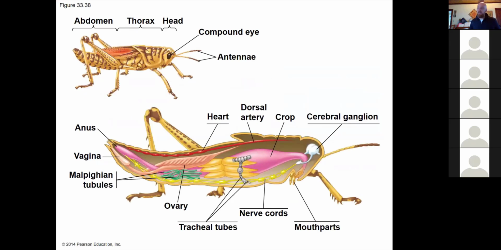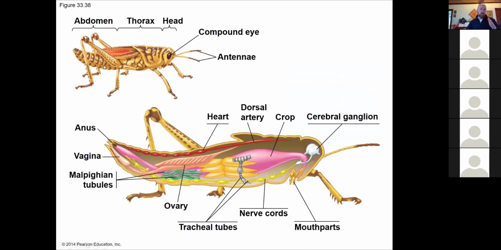Another dissection we would have gotten to do, the Lubber grasshopper. And these guys, because they are herbivores, they have a crop for storing food, tracheal tubes for breathing. So on the outside, you'll find little holes that allow air in. The trachea extend throughout the body that circulate air. We have some glands here to aid in digestion. Again, like earthworms, we have hearts and segmentation in the abdomen.